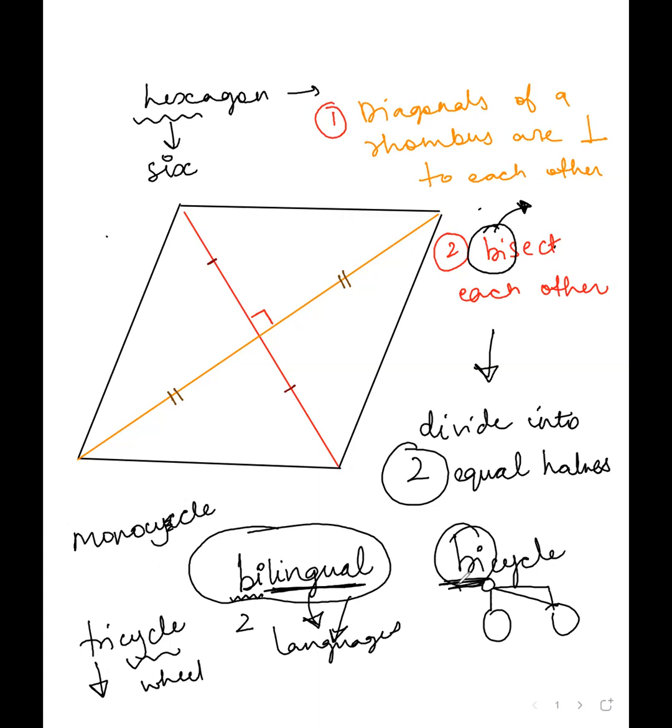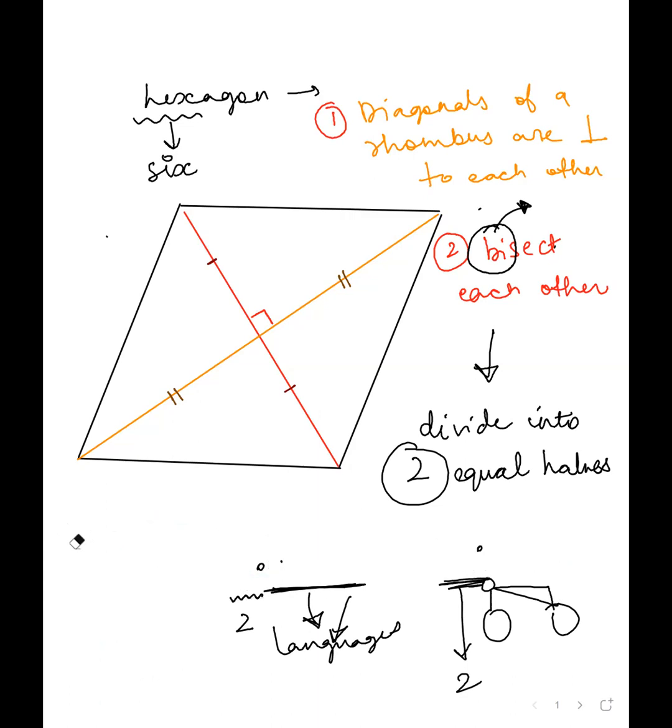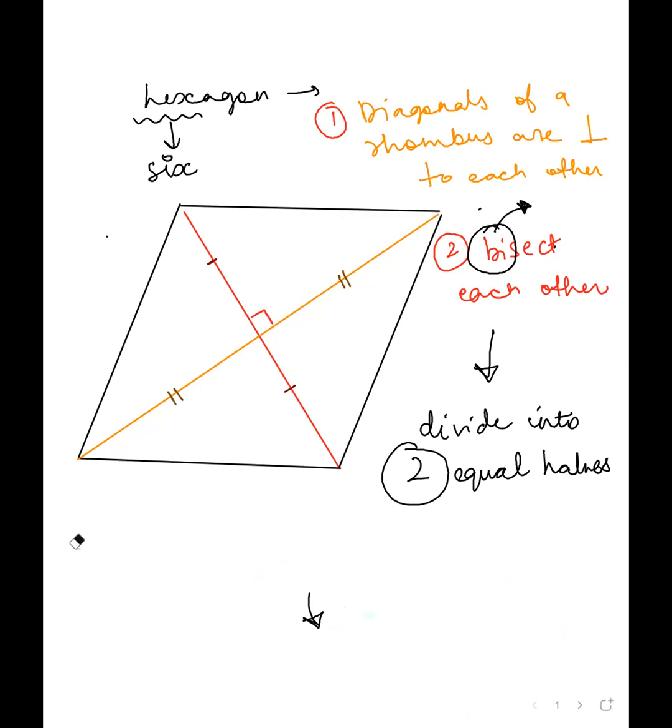Now are you understanding why we say bisect? Yeah. Good. So bisect means to intersect in such a way that it divides it into two equal halves. Sect, by the way, means part. It comes from the word section.